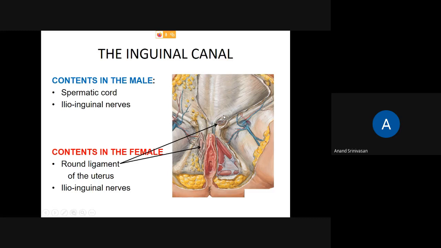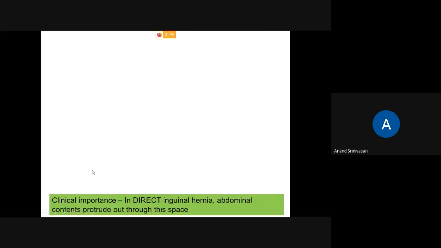A structure which passes through it is the round ligament of uterus, which is attached to the labia majora. You will see this in the genitourinary module again. So in males it is the spermatic cord, and in females it is the round ligament of uterus.